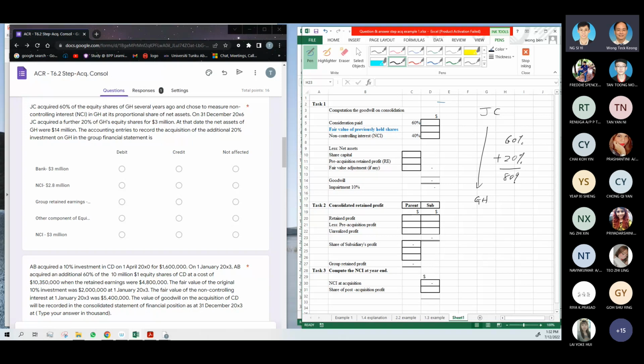So you get 80%. So in this case, subsidiary to subsidiary. So when you acquire the additional 20%, your NCI from the initial 40% is reduced by 20%, becoming a balance of 20%.